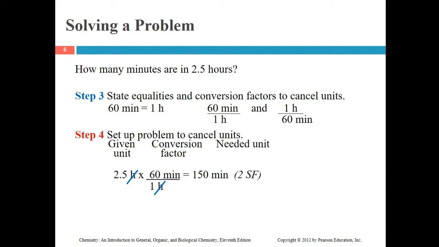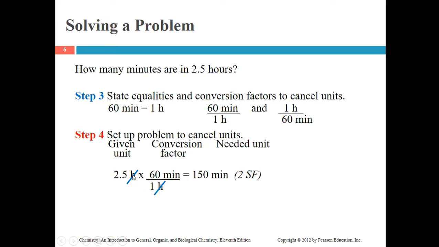We start with what's given. So if you notice down here, the 2.5 hours, we start with that first, 2.5 hours. Now we need to have our hours cancel out. There's a rule in math that if you have a label on one side of our division sign, our numerator and our denominator, something in the numerator can cancel out something in the denominator.